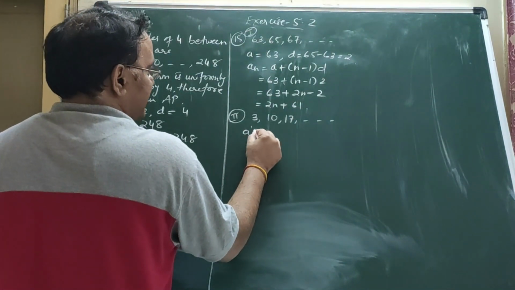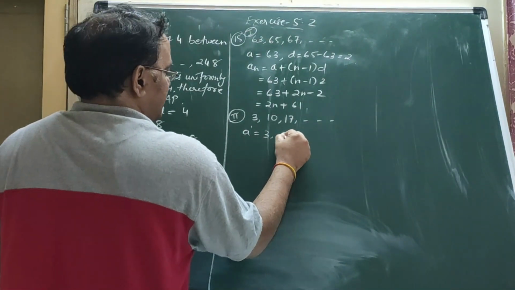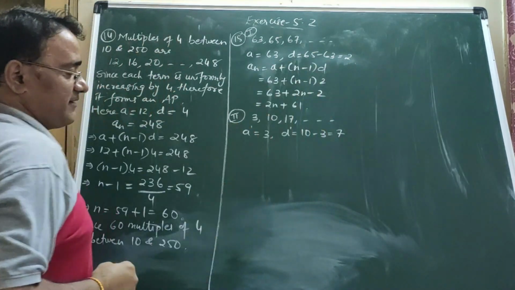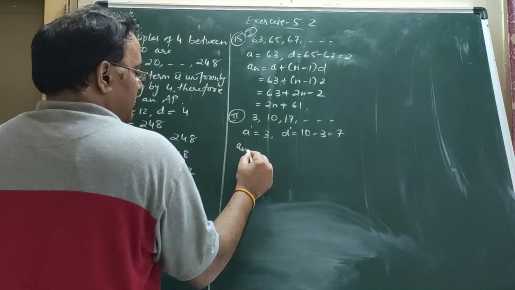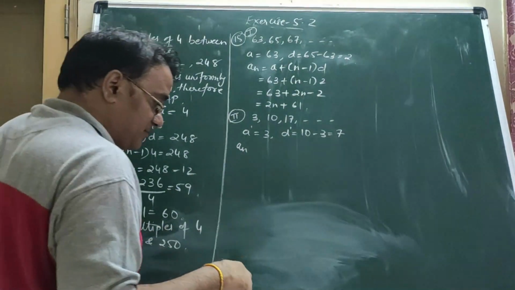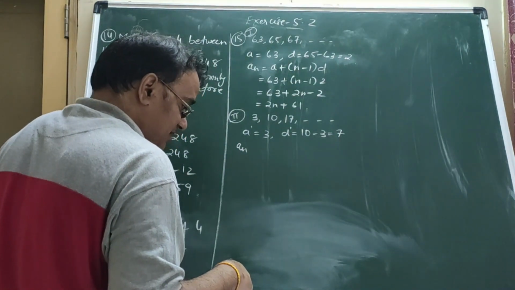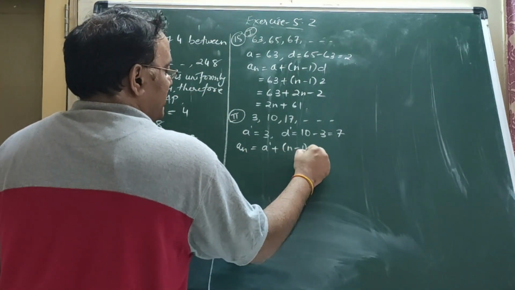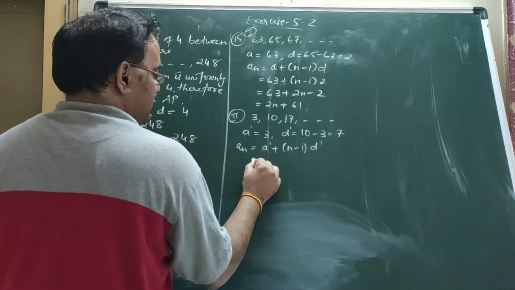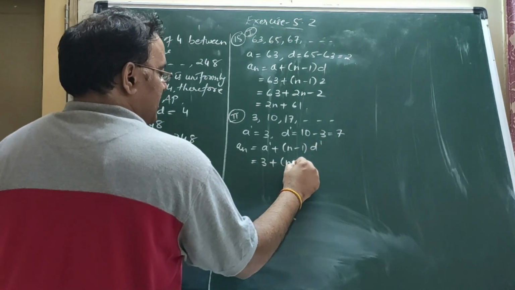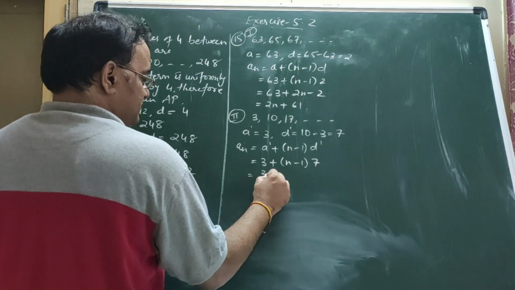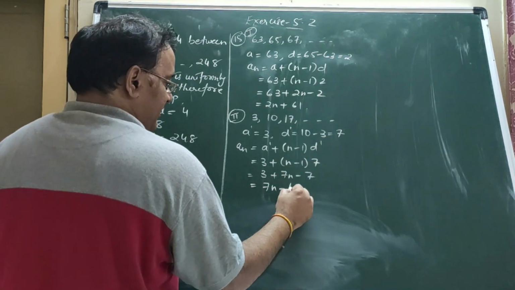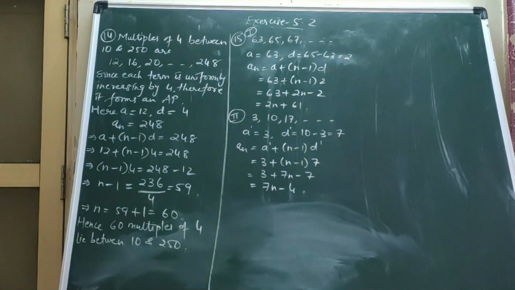So हम लोग A dash लिख लेते हैं. 3, D dash is equals to 10 minus 3, that is equals to 7. And now क्वेश्चन में दिया हुआ है n टर्म्स दोनों का सेम है, तो मैं an लिख दे रहा हूँ. So A dash plus n minus 1 into D dash. 3 plus n minus 1 into 7. Open the bracket. So we'll get 7n minus 4. Right?